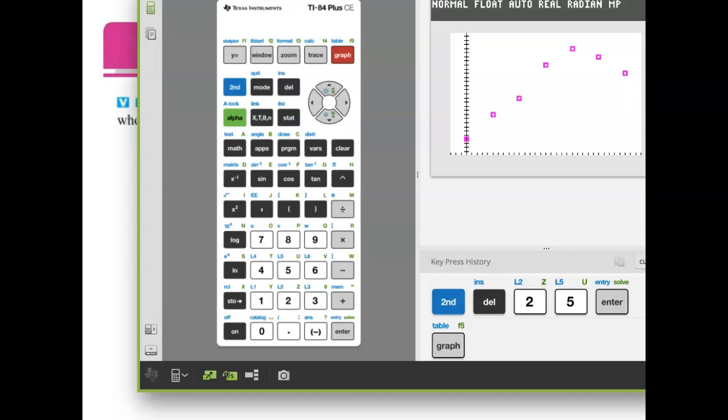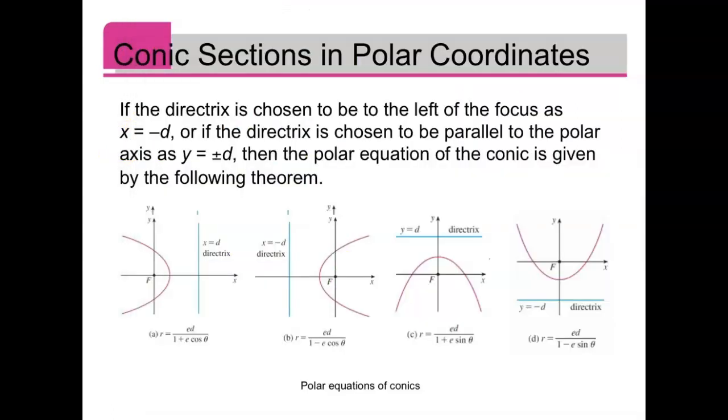So there are 4 options. If we go back, sorry, let me reshare this. So this diagram is going to be important. It's x equals d when the directrix is to the right, and it's then going to be in the form ed over 1 plus e cosine theta.